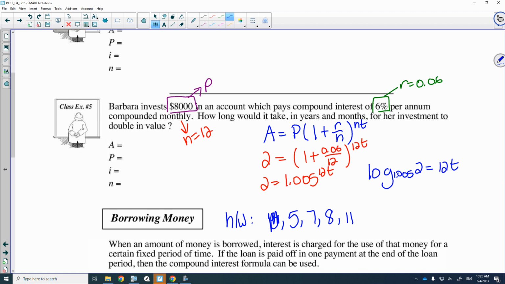What are you guys getting for T? 11.7. Here, just let me punch mine in. 11.58 years.